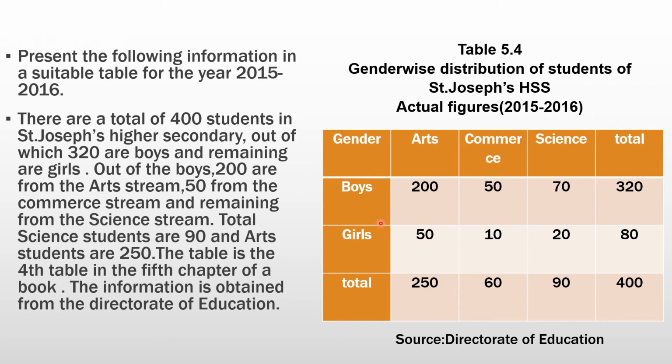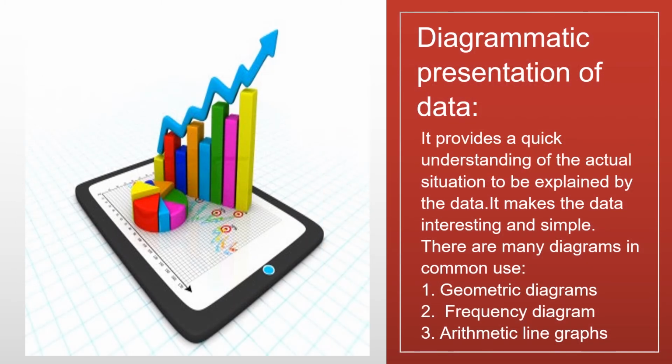You could be given a description like this, wherein you will have to come up with a table which has all its parts, or you could be given a table and you could interpret or explain it. Now moving on to the next part, which is the diagrammatic representation of data.